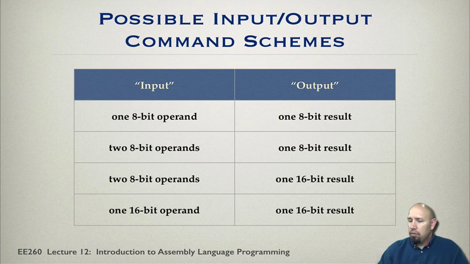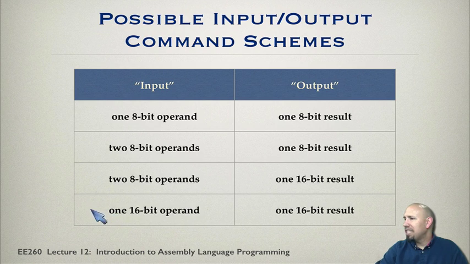But for now, I just wanted to point out that you could have, for example, an instruction that requires 8 bits of data and returns 8 bits of data. You can have an instruction that takes 2 8-bit operands and returns 1 8-bit result. You can have a function that takes 2 8-bit operands and returns a 16-bit result. For example, multiply. If you take 2 8-bit numbers and multiply them together, in general, you'll get a 16-bit number.